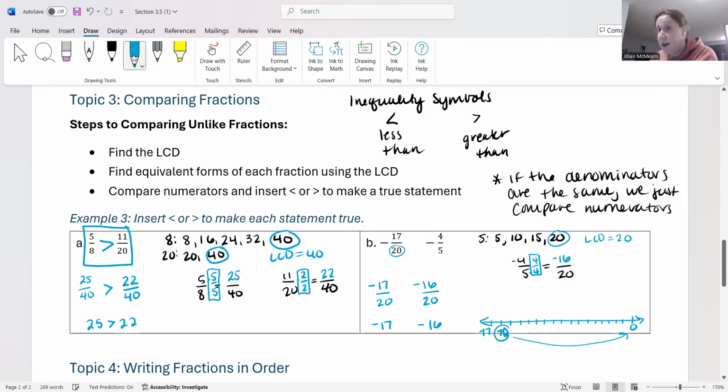So that tells me that negative 16 is bigger than negative 17. So since negative 17 is less than negative 16, negative 17 twentieths is less than negative 16 twentieths, which ultimately tells me that negative 17 twentieths is less than negative 4 fifths. Okay, so it's a bit of a process. Again, you find your LCD, you find your equivalent forms, and then you just compare numerators.